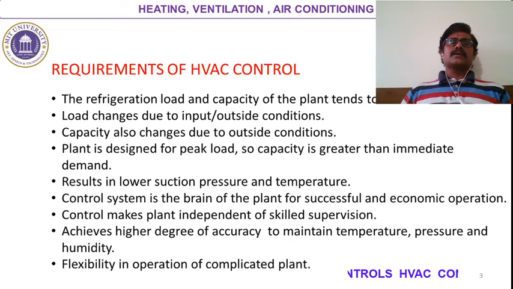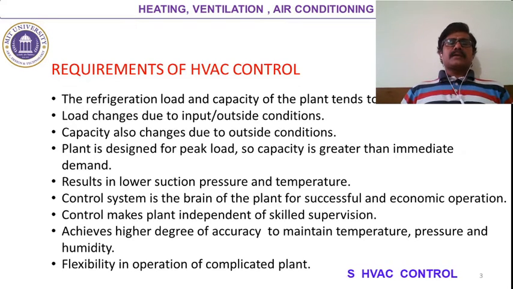You may not require a skilled supervisor all the time, looking at that equipment 24/7. Just by sitting at one place, all the data would be available on his display, and accordingly he can take the decision. So less skilled supervision is required for the operation of the various controls.